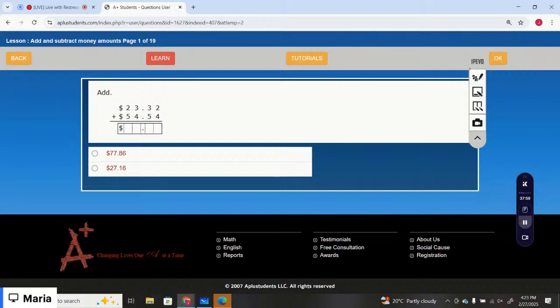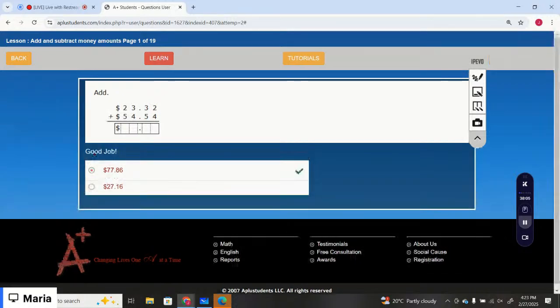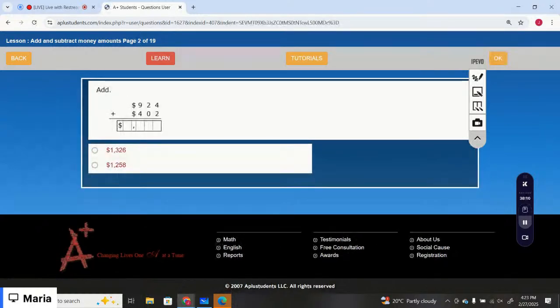That is 77.86. Option number one is the correct option. Add, which is the correct option?